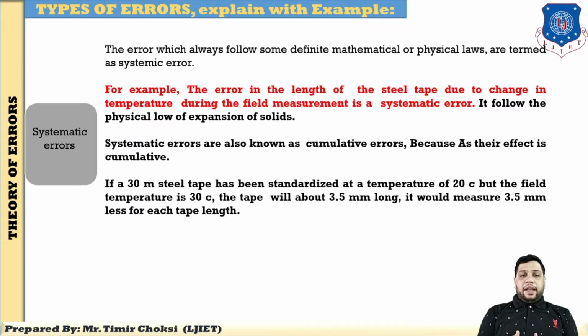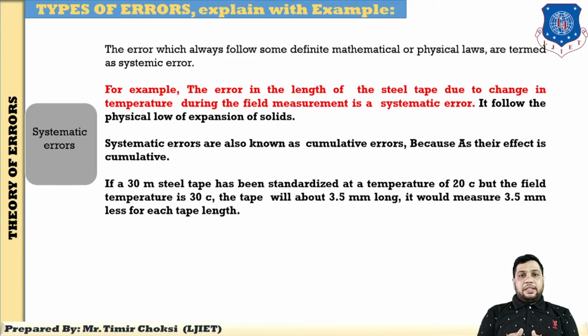Systematic errors are also known as cumulative errors because their effect is cumulative. Like, find the distance between A to B and the distance is 30 meter, but the systematic error occurs, so its value is 30.0035, because of a 3.5 mm expansion.